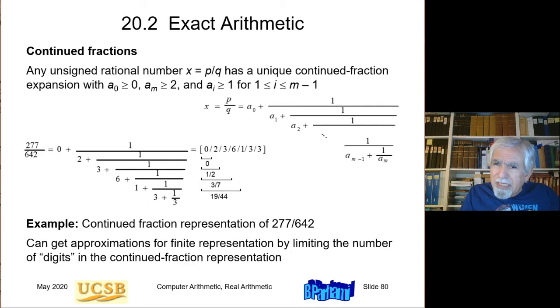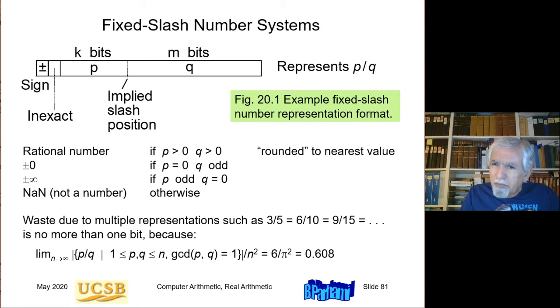Okay, so what is exact arithmetic? This continued fraction I'm going to skip. So, for example, you can represent numbers by rational approximations. For example, the fixed slash number system, which is so named because of its similarity to fixed point. The slash is in some implied position, and the number being represented by this format is p divided by q.